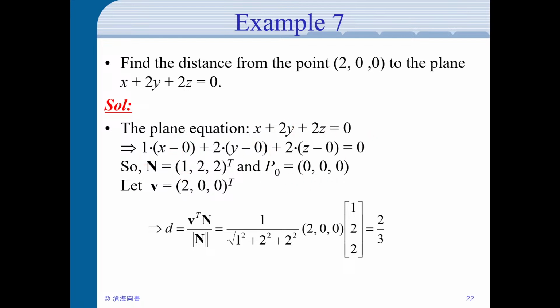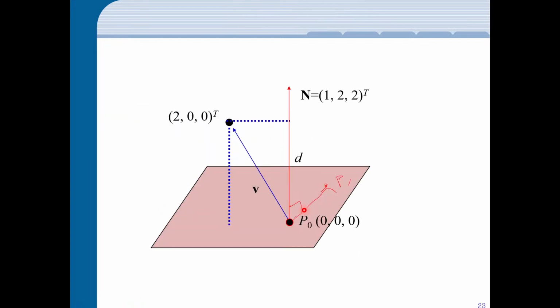Now we have another vector that's 2, 0, 0, and we want to find this d. Then we just do geometry again, so we have this p0 and this vector, and we also have our normal vector here.